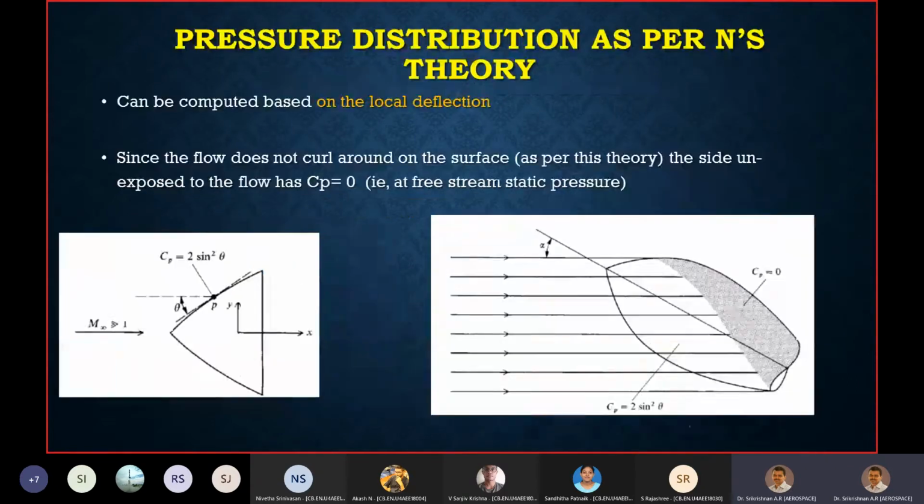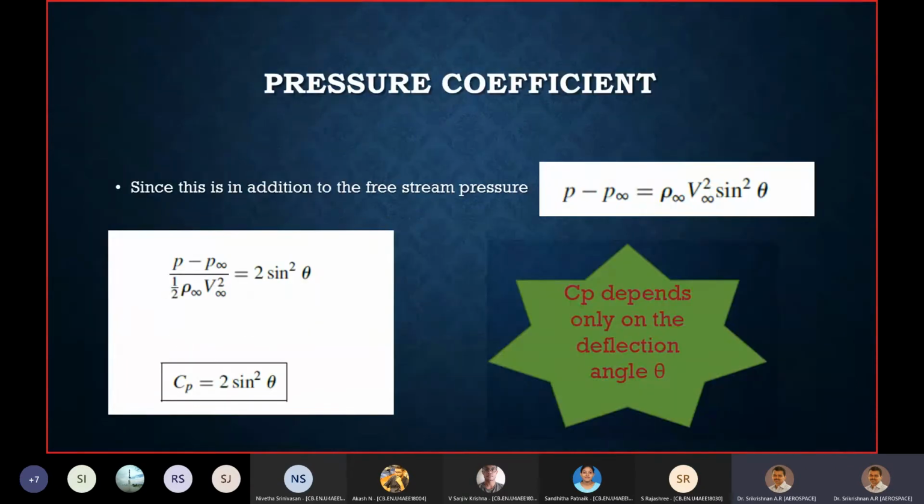So we have seen the conservation of momentum and the assumptions related to it, in such a way that the Cp, that is the pressure coefficient, is defined as P minus P infinity divided by half rho infinity V infinity squared. P minus P infinity is the effective pressure experienced on the plate due to the impact, and that is normalized by the velocity head, half rho V squared, so that we define Cp in the usual way.